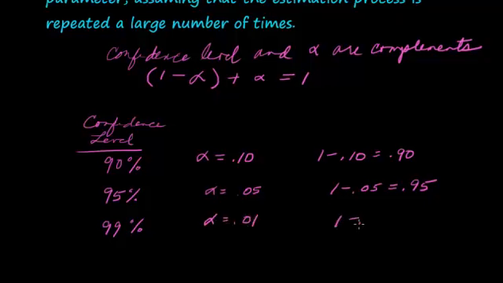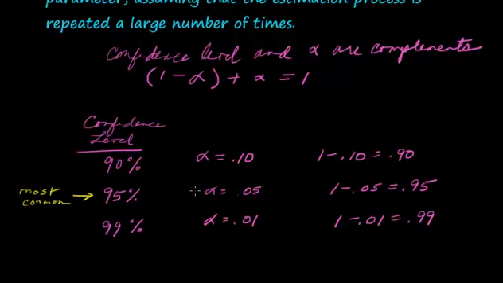So 1 minus 0.01, that's 0.99 or 99%. And let's just make a note here that the 95% is the preferred, or most researchers might choose this one. So I guess this is the most common of the most common of these three, would be 95%, the one right there in the middle.